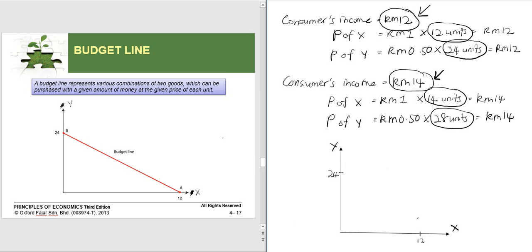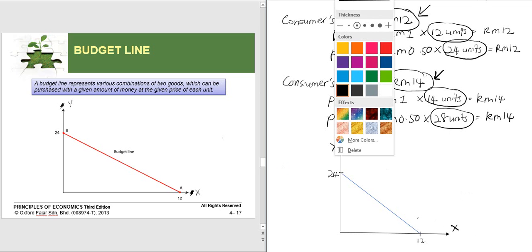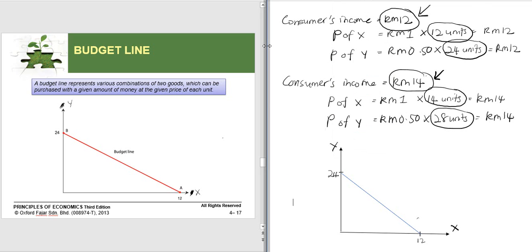So initially, when the consumer's income was 12 ringgit, you have a budget line connecting the maximum amount of Y and the maximum amount of X that the consumer can buy. Let's label this as BL0.